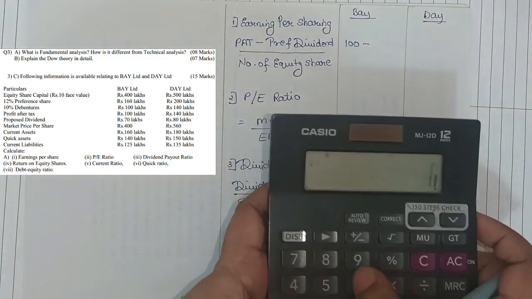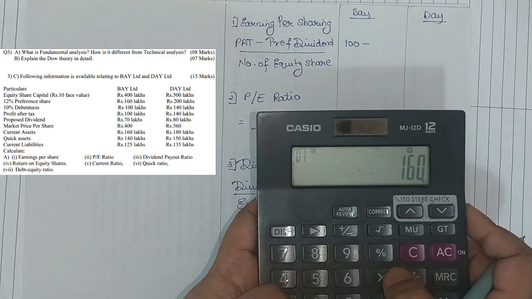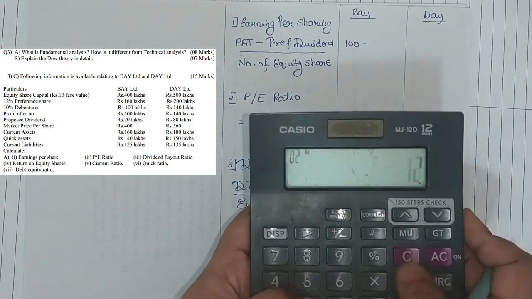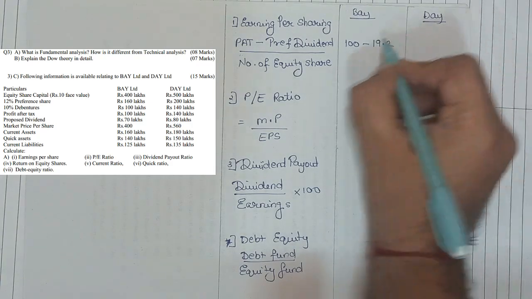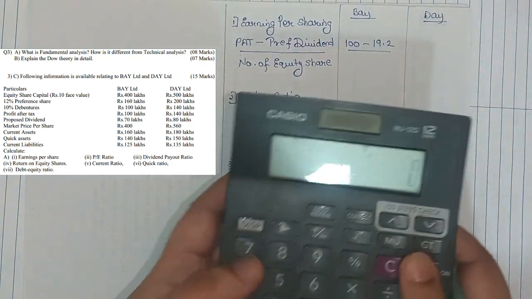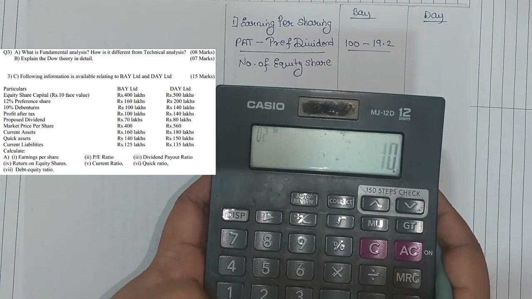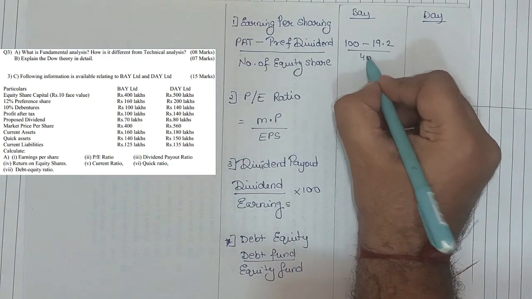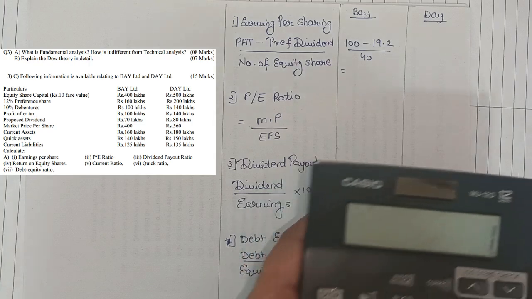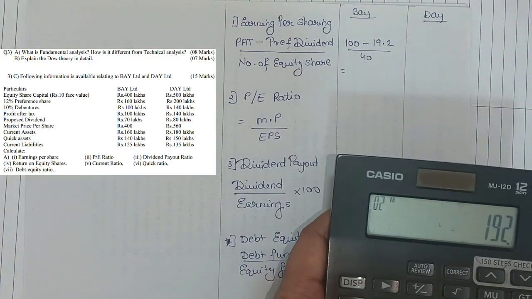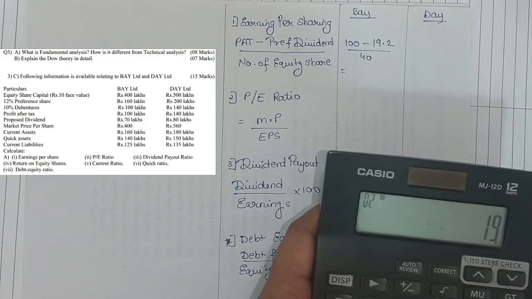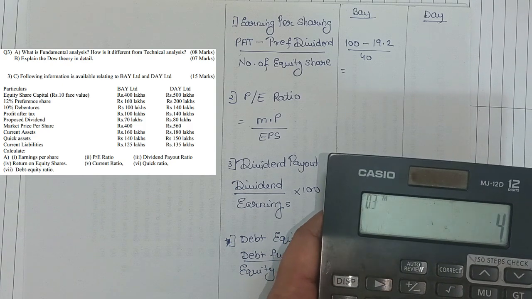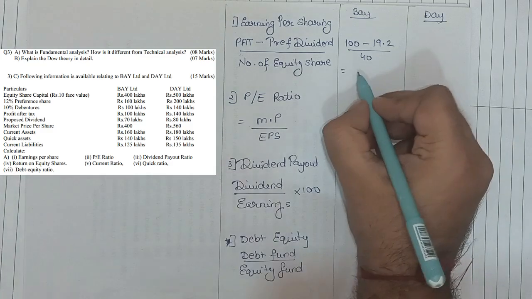The preference value was 160, into the preference dividend of 12%, so that becomes 19.2, divided by the number of equity shares. Now 400 of 10 each, so 40. So it comes to 100 minus 19.2 divided by 40, which comes to 2.02.